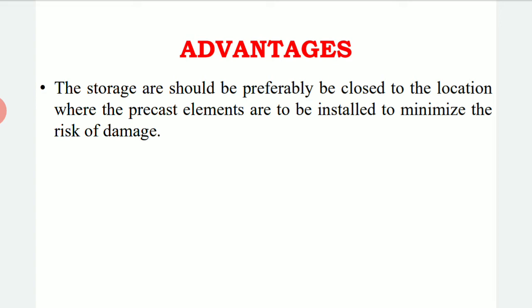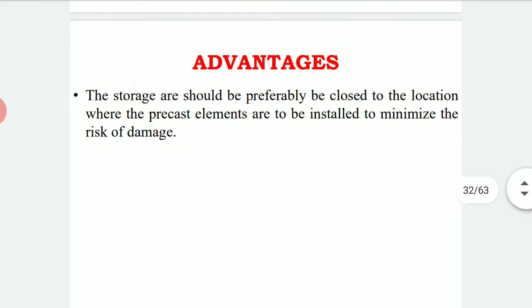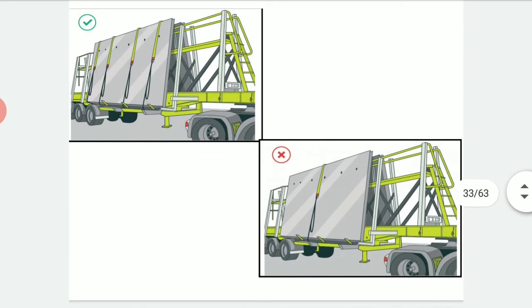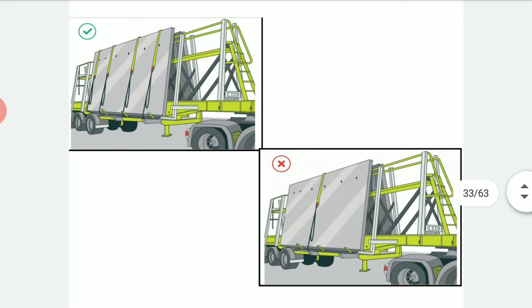So we need to choose a storing yard that is very near to the installing locations. Like that we need to store them in the construction yards or even in the manufacturing yards, right? And here you can see this is just an example of which one is correct and which one is wrong, right?